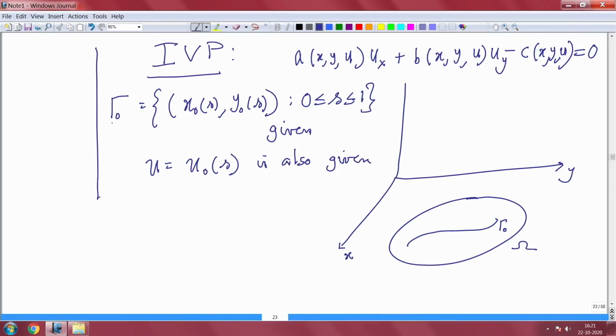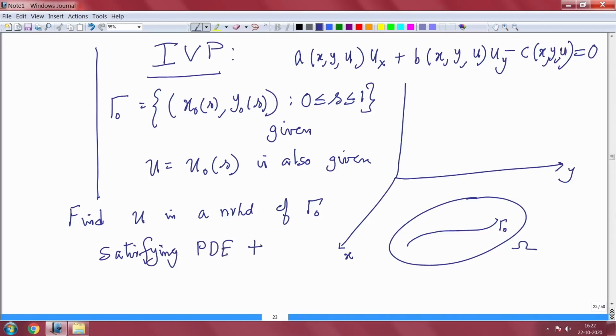The PDE is given, your initial curve gamma naught is given, u is given, and find u in a neighborhood of gamma naught, satisfying the PDE plus the initial condition. Okay, that is your initial value problem.